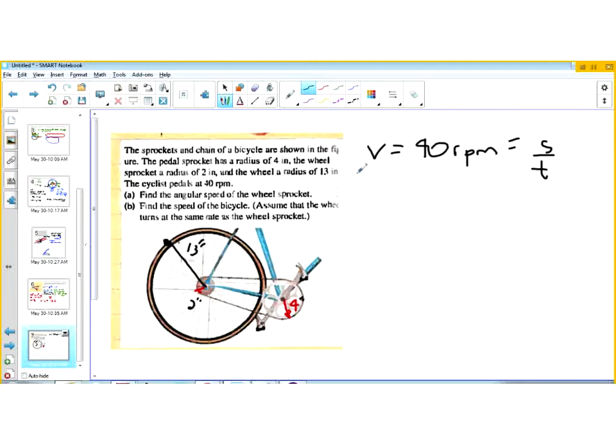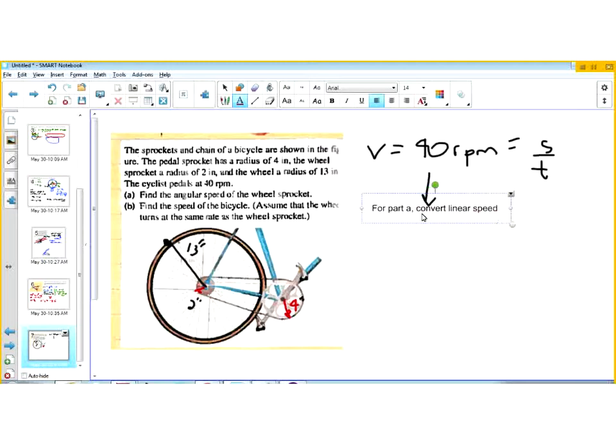Now we want angular speed, so we need to convert linear speed to angular speed. So let me write that down. So for part A, convert linear speed to angular speed. Okay, all right, so here's how we do that. We use the definitions from the previous slide.